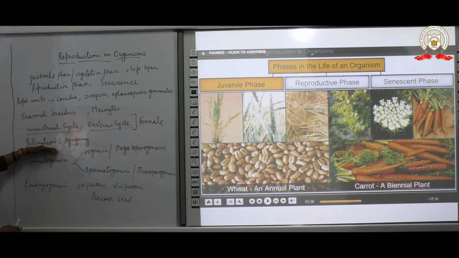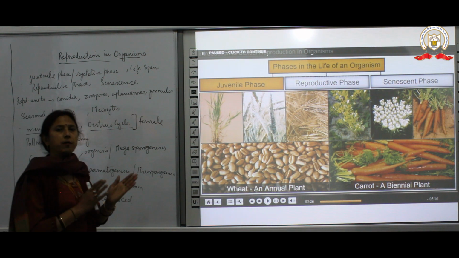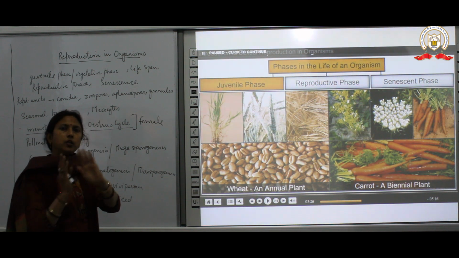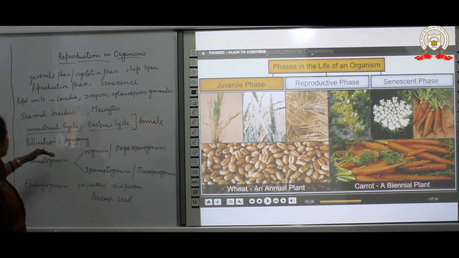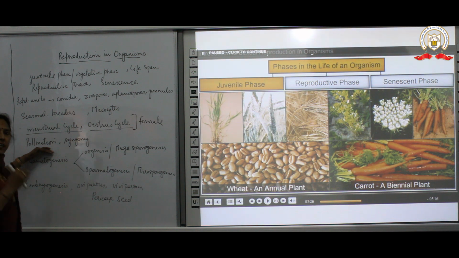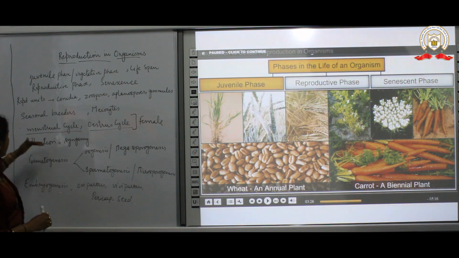Then pollination. What is pollination? Pollination is the transfer of pollen from the anther to the stigma of the flower, which can be the same flower or another flower. This is part of the pre-fertilization event.